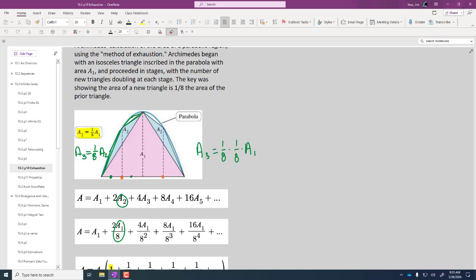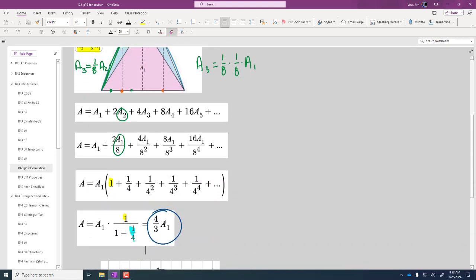A lot of these finding areas of shapes problems can be solved by using geometric shapes that exhaust the whole area. It's ideal if that exhaustion happens to be in the form of a geometric series, because then you can apply our simple formula for the sum of a geometric series, A divided by 1 minus R. Nice simple formula for that sum.